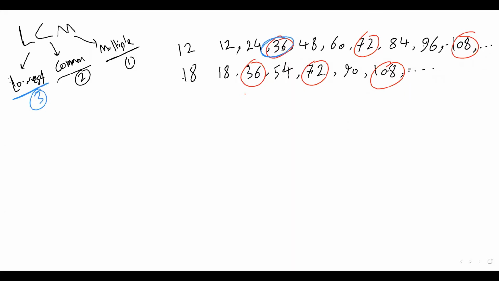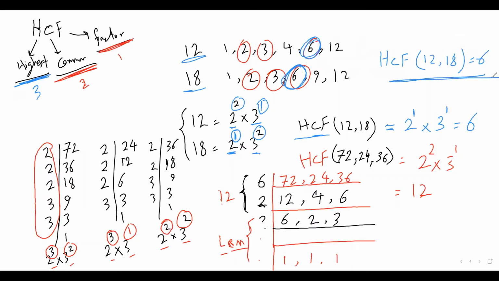Of course, you would say 36. So 36 is the LCM of 12 and 18, right? The LCM of 12 and 18 is 36. The HCF, guys, if you remember, was 6, right? I hope you haven't forgotten that.